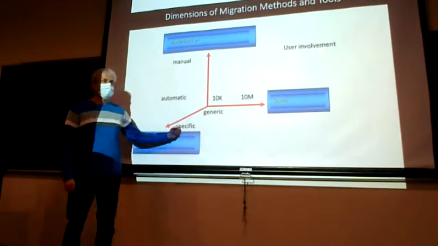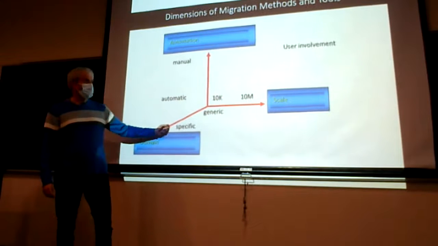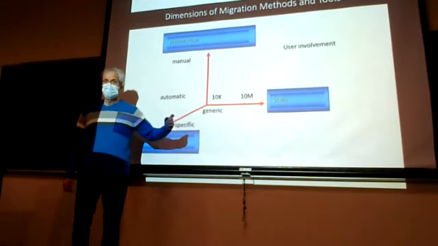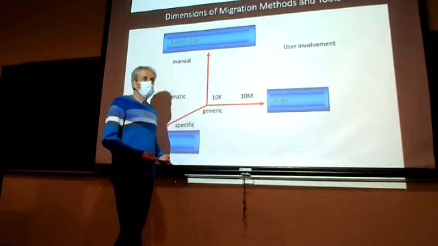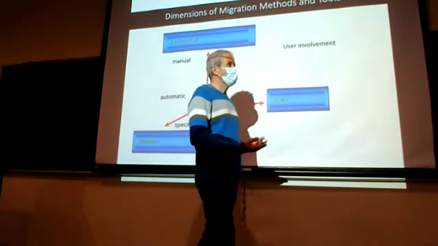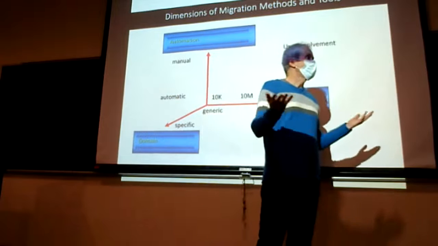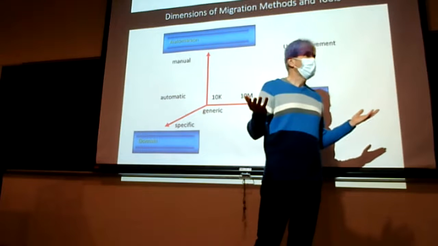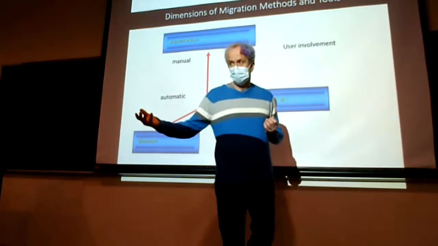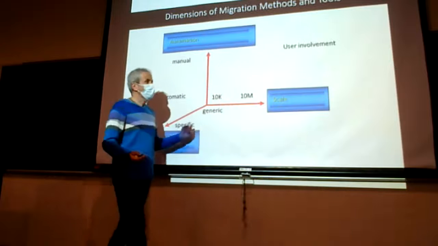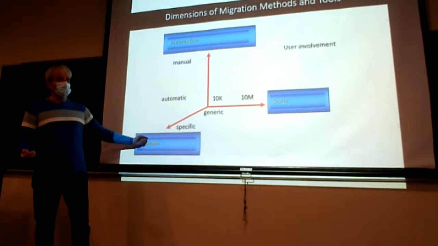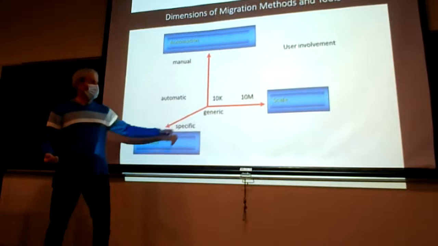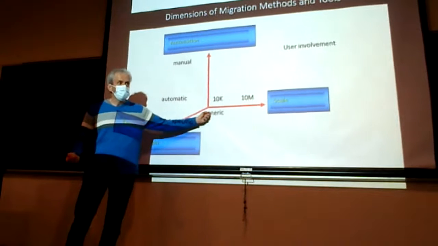Generic or specific. Is the application something generic, something we can find off the shelf, where similar products are out there? Or is the application something very specific, proprietary to our organization? A database would be very generic.